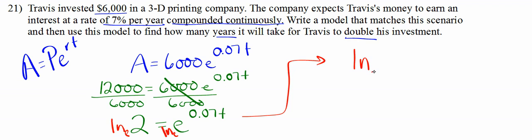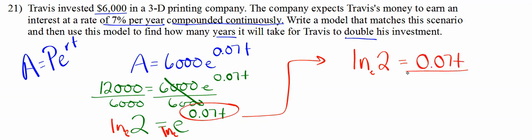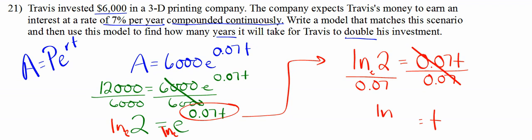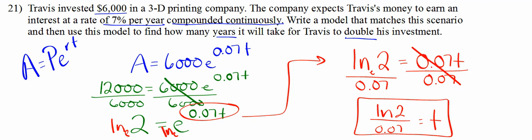So the natural log of 2 is equal to this exponent, 0.07 t. Then we divide by 0.07. We get t is equal to natural log of 2 divided by 0.07. And you can just leave it at that. That's the amount of time it'll take us to get to 12,000, or Travis to get to 12,000.